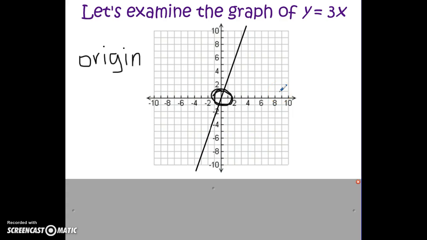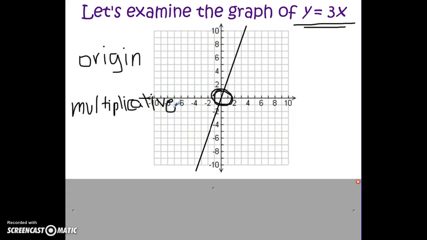Your next bullet point says the equation is blank. So looking at the equation, a long time ago, probably 6th grade, you learned that equations that look like this are called multiplicative. It looks like the word multiply. In all these videos, I don't think my handwriting has gotten any better.